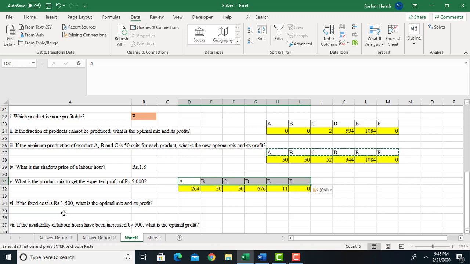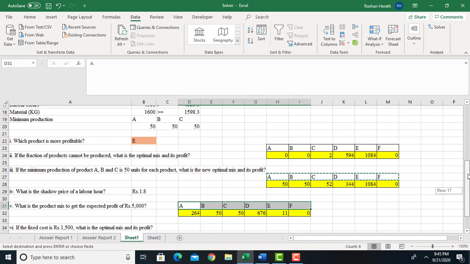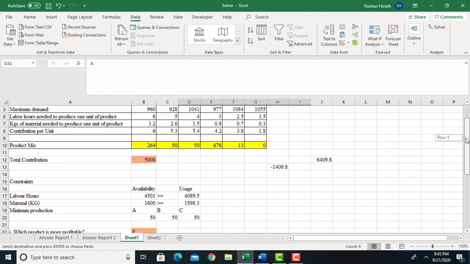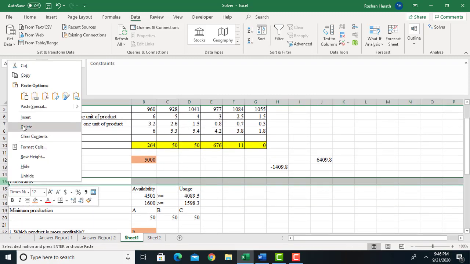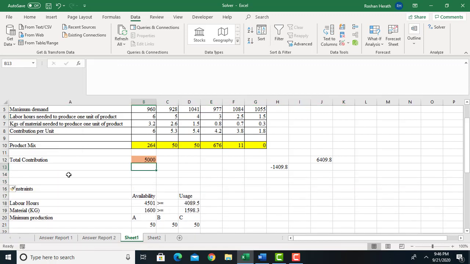Then the next question asks you, if the fixed cost is 1,500, what is the optimum product mix and its profit? It asks, if the fixed cost is being introduced, what is your optimum mix and its profit? Okay. Then we might need to expand our model.